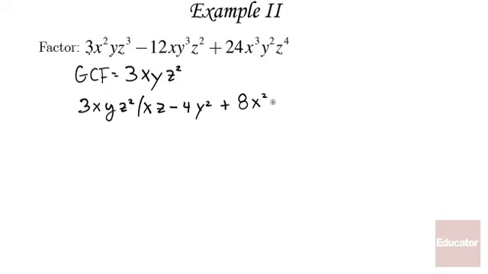I've got x squared. 1y is gone. And z squared is gone. Okay, so I'm left with the greatest common factor times what was left behind in here. And I'm looking, and there are no common factors left. I don't recognize this as the difference of two squares or anything that I can factor out. So this is as far as I can go with the factorization.